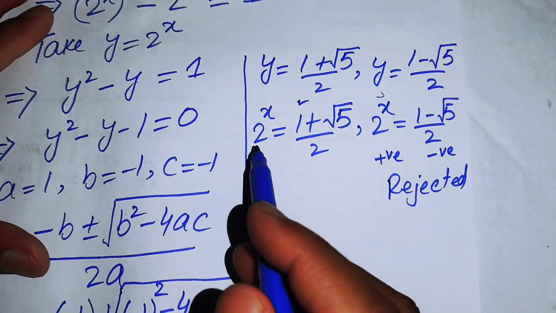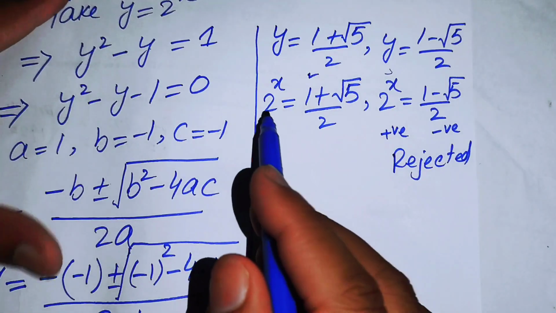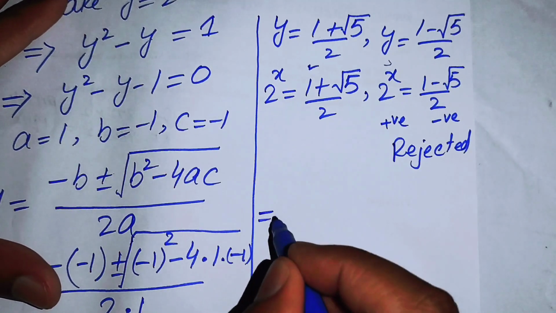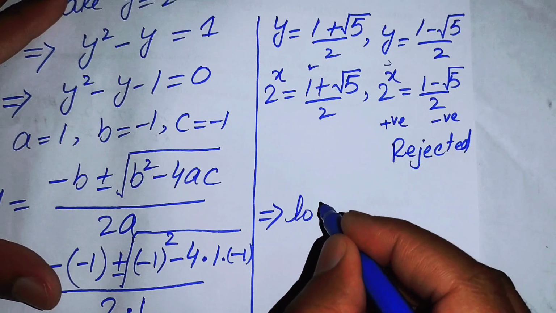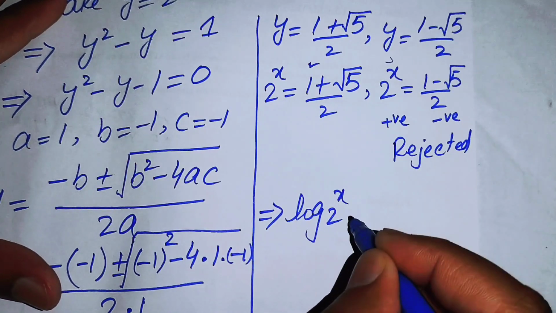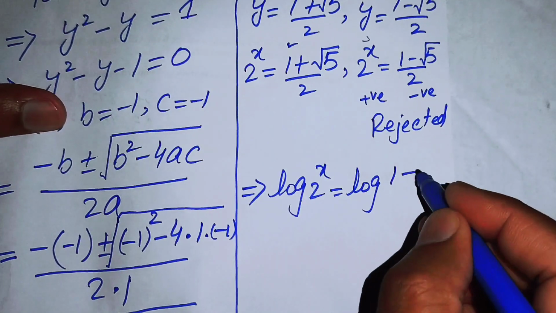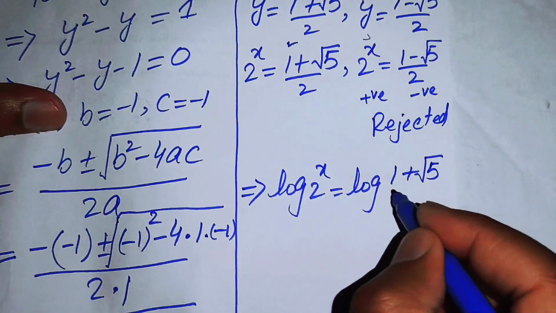In this case we will take the log on both of the sides, so this expression becomes log of 2 to the power of x is equal to log of 1 plus square root 5 over 2.